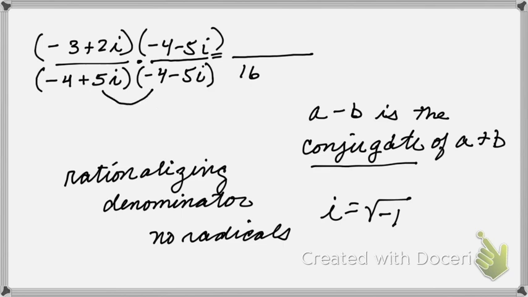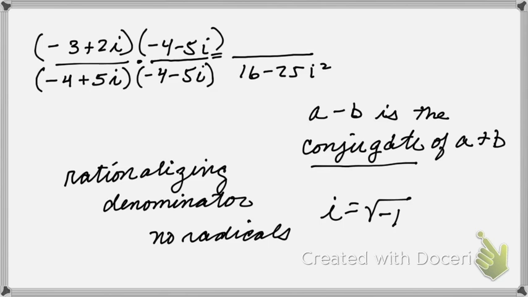And 5i times negative 4 is negative 20i. So those zeroed out, right? Did you see that? I had a 20i minus a 20i. And that's why we use the conjugate, because the outside and inside terms are going to zero out. And then on the last term, I've got minus 25i squared.